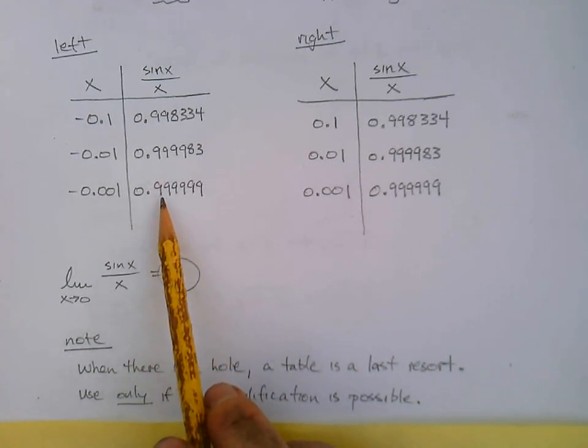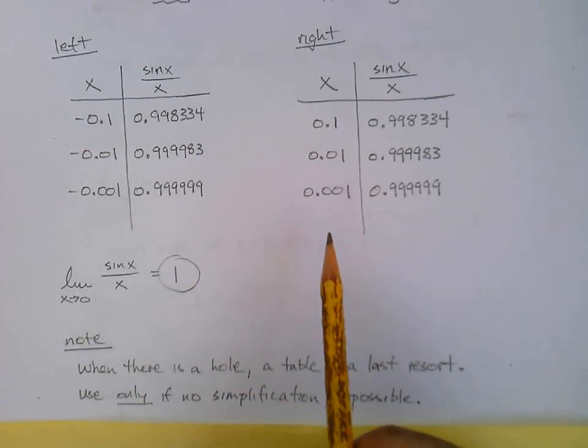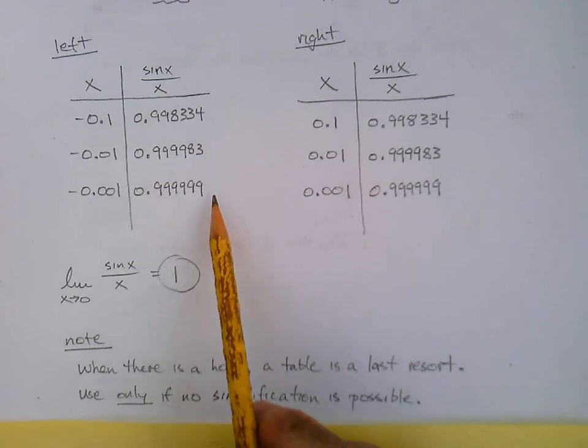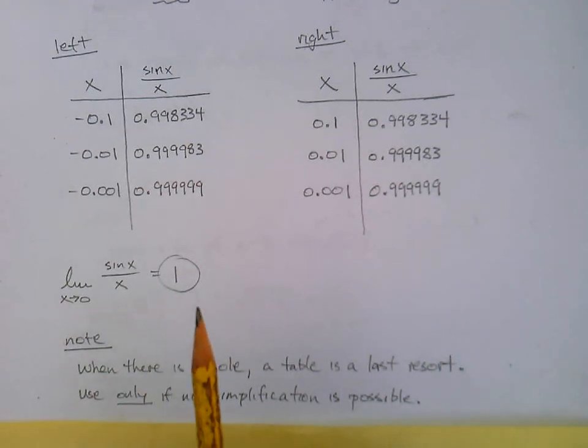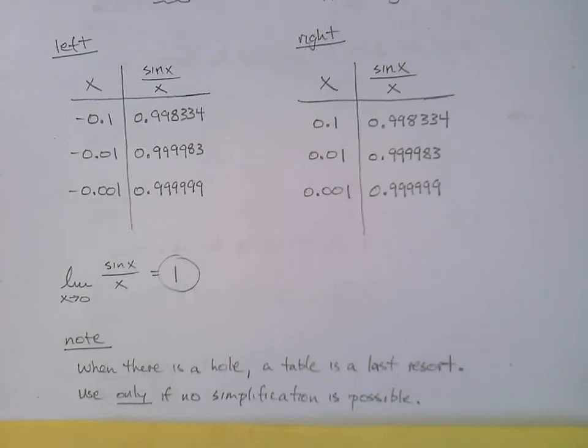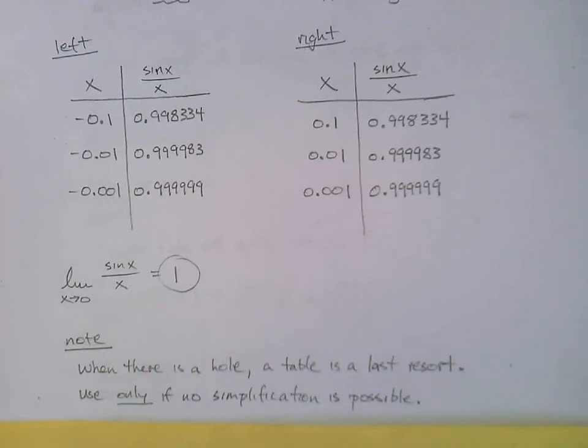But when we see 0.99999, we're taking a really good guess that this thing is going to get to 1 as it approaches 0. And we don't know that definitively like we did those other problems where we were able to simplify and then plug in and get that number that way. Then there's no question about it. This is only a really good guess, or a good guess at best.